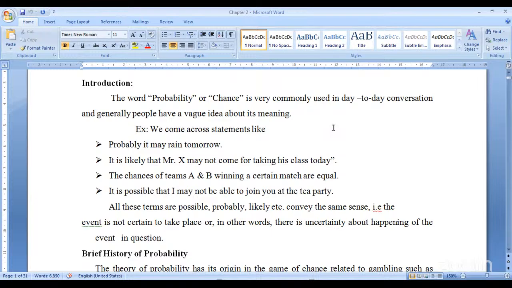It is possible that I may not be able to join the tea party. All these terms, possible, probably, likely, convey the same sense. That is, the event is not certain to take place, or in other words, there is uncertainty about the happening of the event in question.